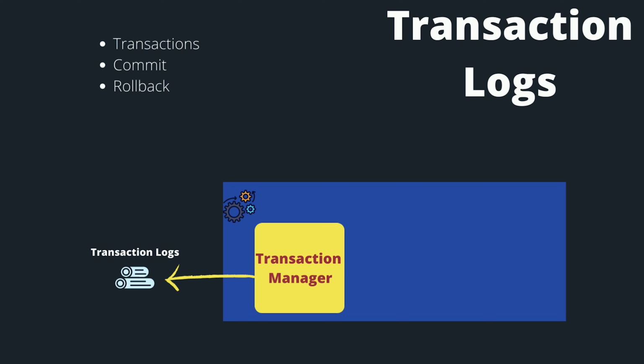When we do a commit, it will be the first time that something is going to be written in a file, and it will pretty much be whatever hashed statements have to go to the logs. So if we do an insert and we do a commit, it's going to go to the transaction logs. That's the first time the transaction log is going to see anything in it. But if you do a rollback, that's not even going to touch the transaction log. It's just like it never happened. It lived in memory and it died in memory.